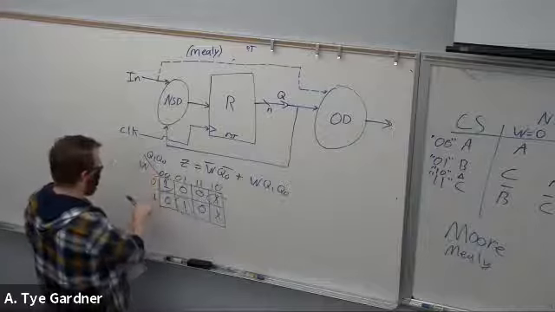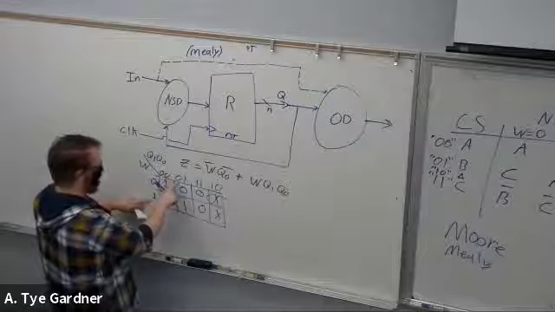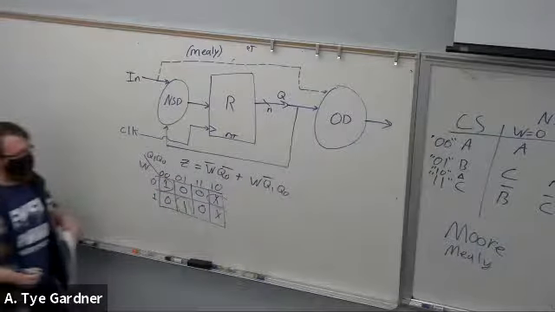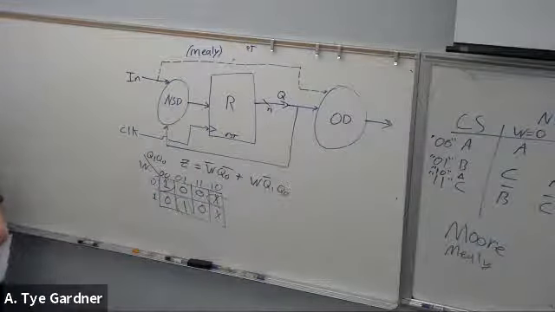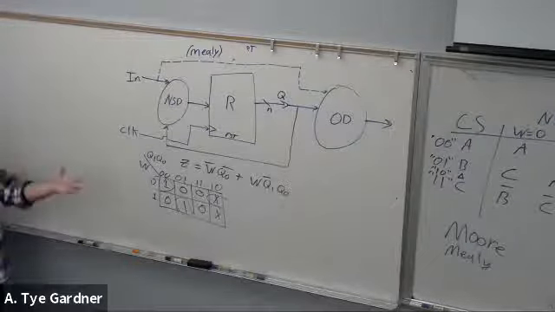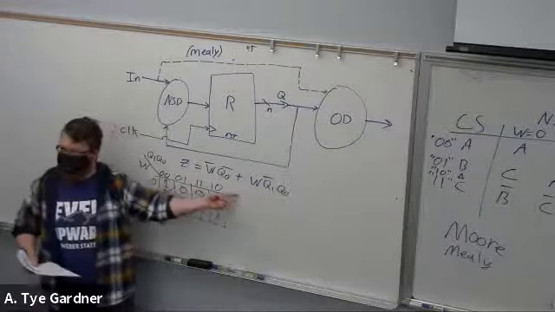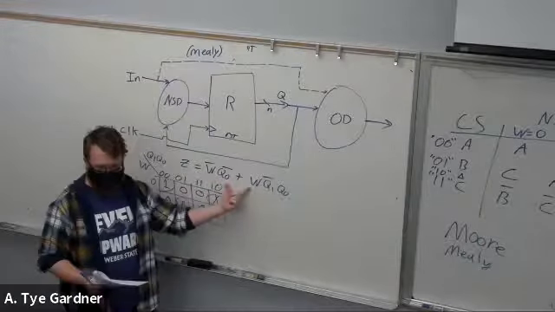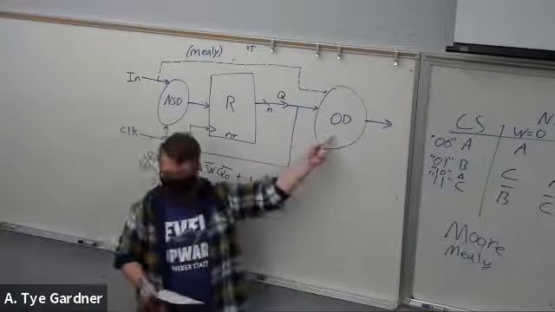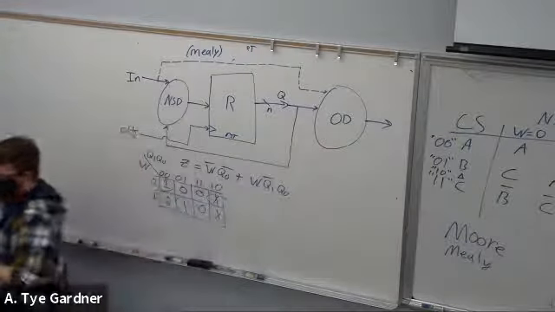Sorry, I did this backwards. W is 1. Q1 is 0. There we go. Right? So now I've used my K-map to determine my output decoder logic. And I can turn this into a circuit, really easy. So that circuit is what plugs into the output decoder in the case of this state table.